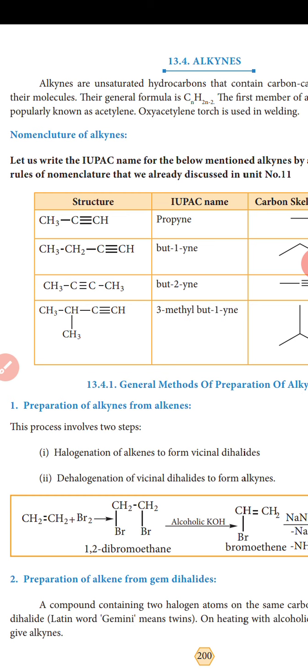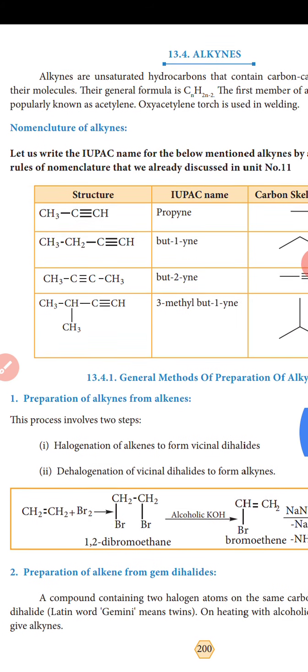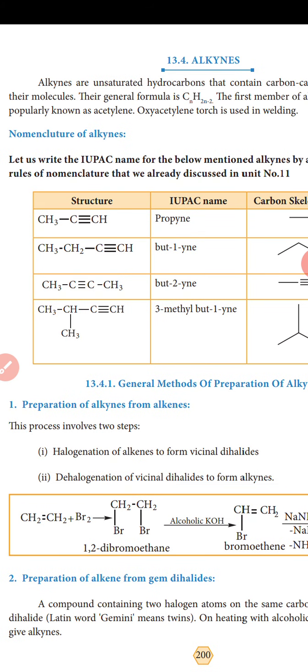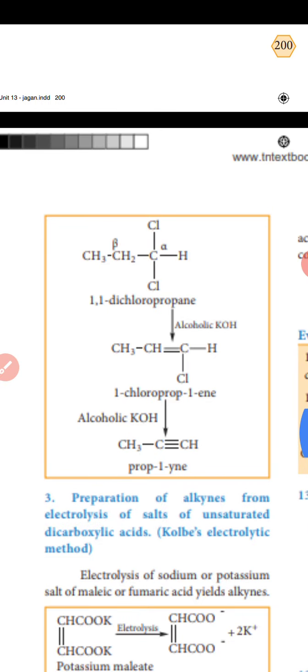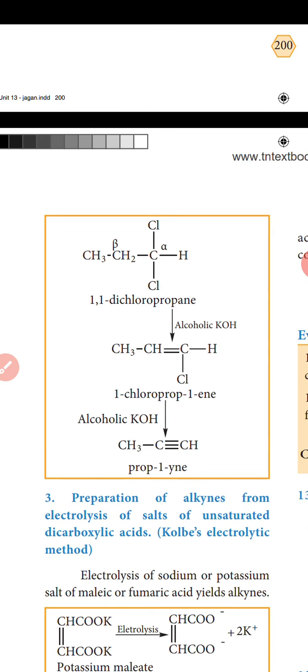A compound containing two halogen atoms on the same carbon atom is called a gem dihalide. On heating with alcoholic potassium hydroxide, gem dihalides give alkynes. For example, 1,1-dichloropropane reacts with alcoholic potassium hydroxide to give 1-chloroprop-1-ene, which reacts further with alcoholic potassium hydroxide to give propyne, CH3 single bond C triple bond CH.